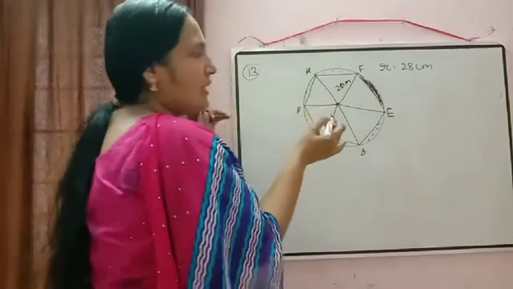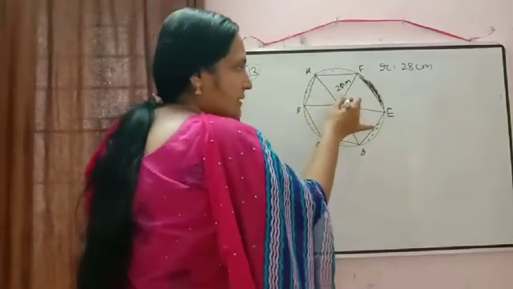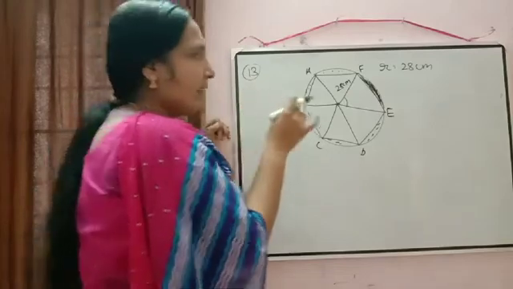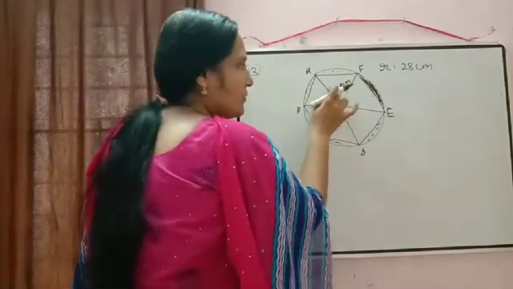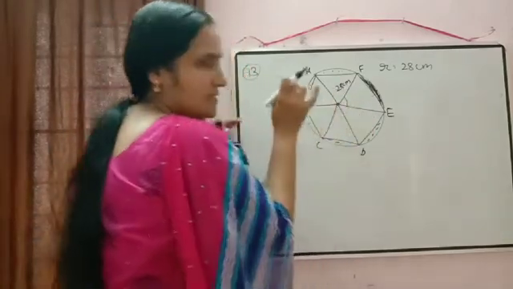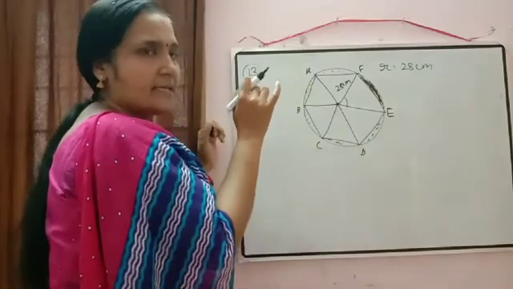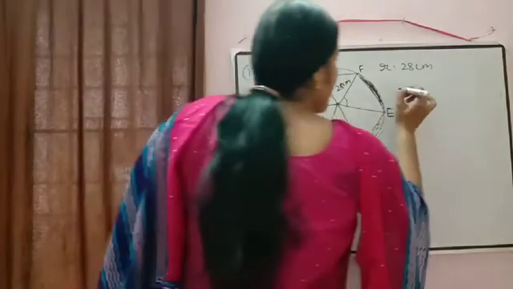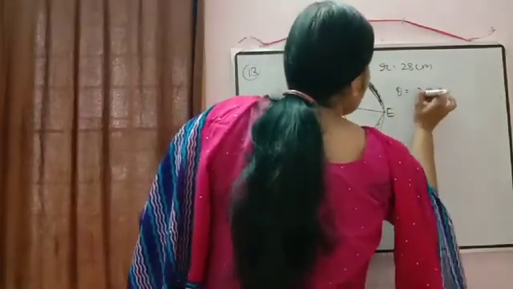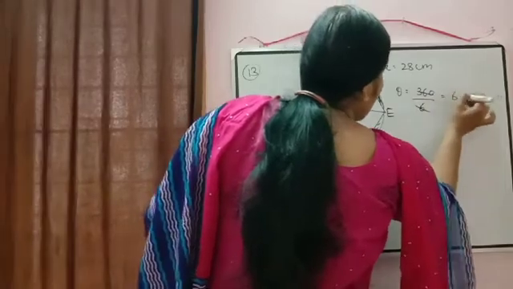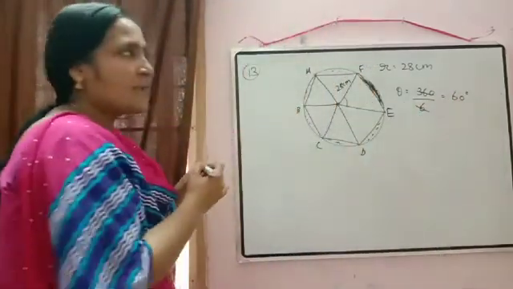How we will calculate the angle subtended at the center? In how many parts it is divided? Just to check. 1, 2, 3, 4, 5, 6. So angle at the center will be equal to 360 divided by 6. So theta is equal to 360 divided by 6. Then we will get theta is equal to 60 degree.